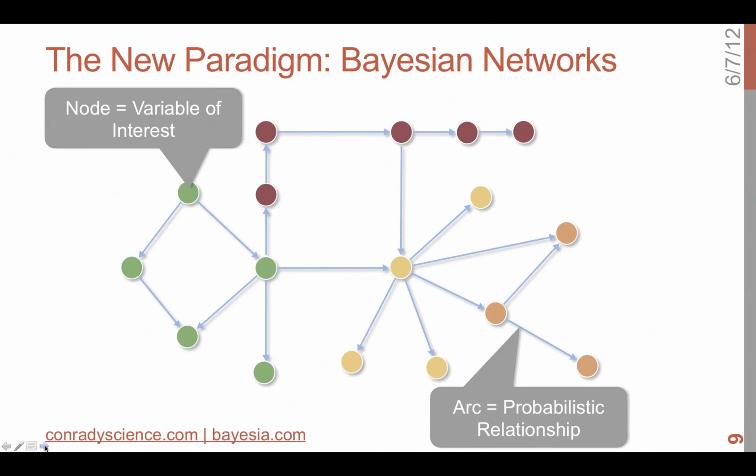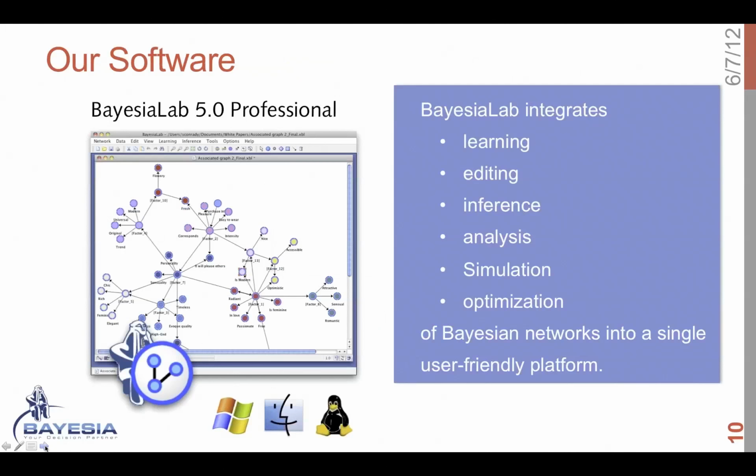And in the past, we used such representations to describe financial markets or marketing models, etc. Today, we'll take you in quite a different direction. And of course, all of this is rooted in our BayesiaLab software.